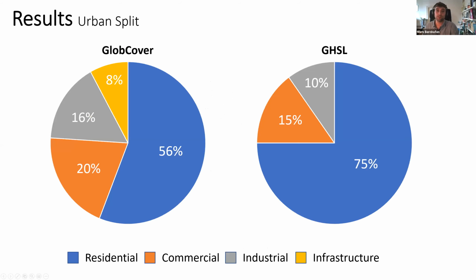The second uncertainty, which doesn't have as large an effect on national flood damages as the land cover map used, but still represents a significant uncertainty in these global approaches, is the urban split. So currently, global land cover maps don't distinguish between the different types of urban land use. They just define urban areas as one uniform area.